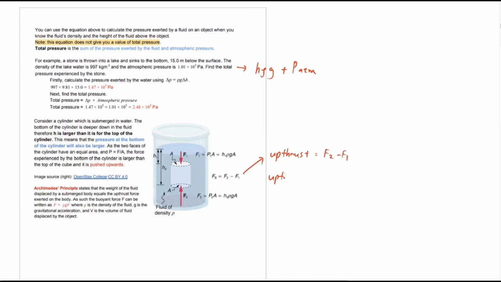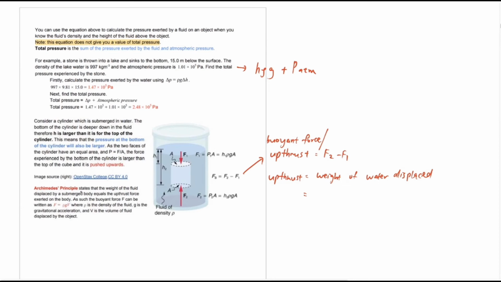The upthrust is also the weight of water displaced. Okay. The upthrust is also known as the buoyant force. Buoyant force is also the upthrust. Buoyant force or upthrust. Okay, so weight of water displaced, how to find?